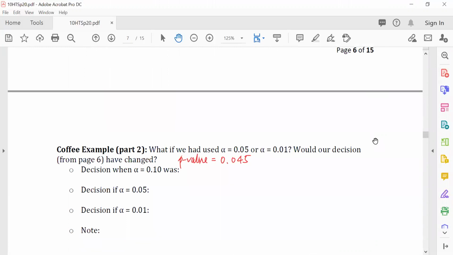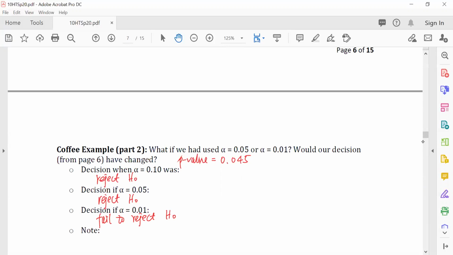When our alpha is 0.10, we reject H null. When our alpha is 0.05, our p-value is less than the alpha, so we still reject H null. When our alpha is 0.01, our p-value is greater than this alpha, so we fail to reject H null.